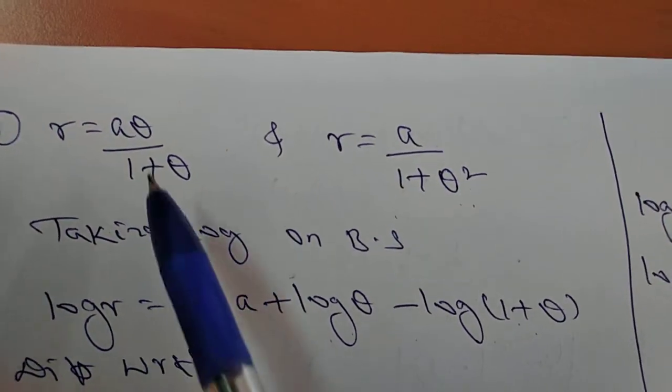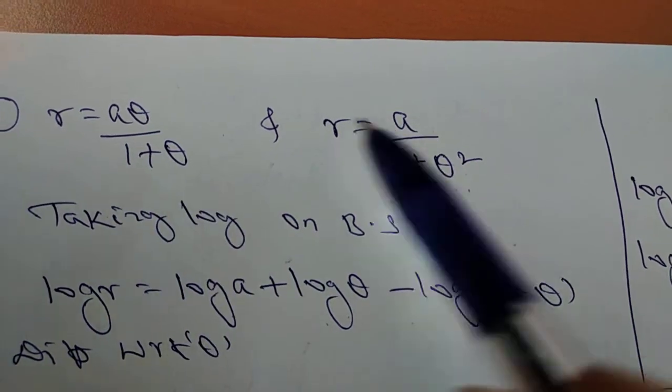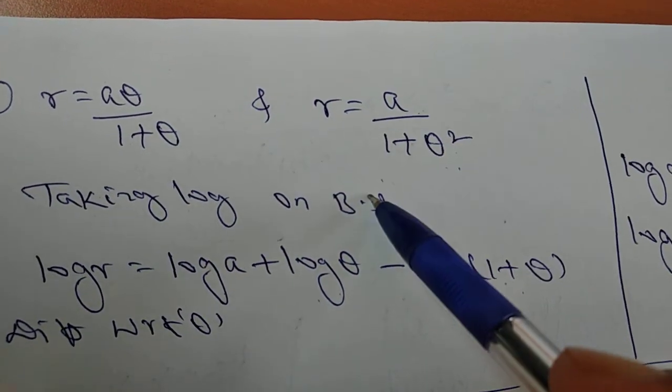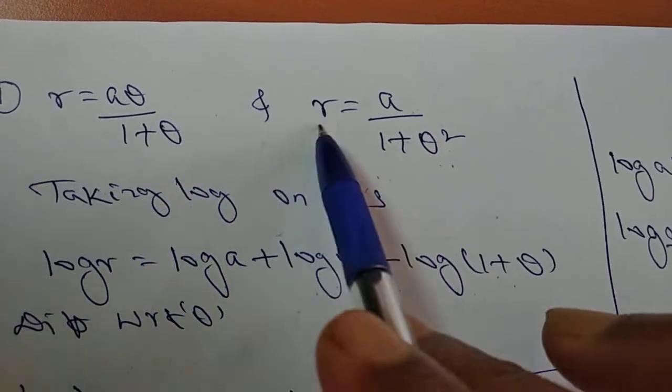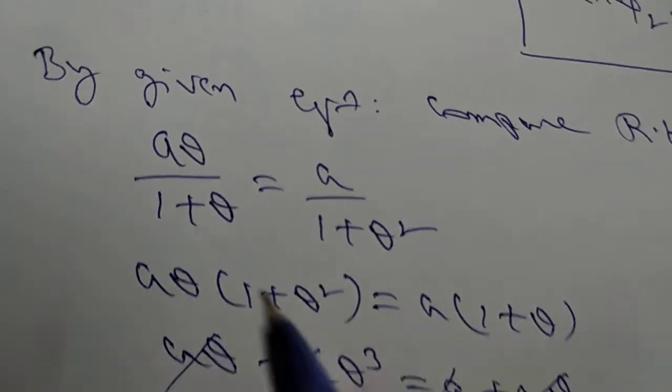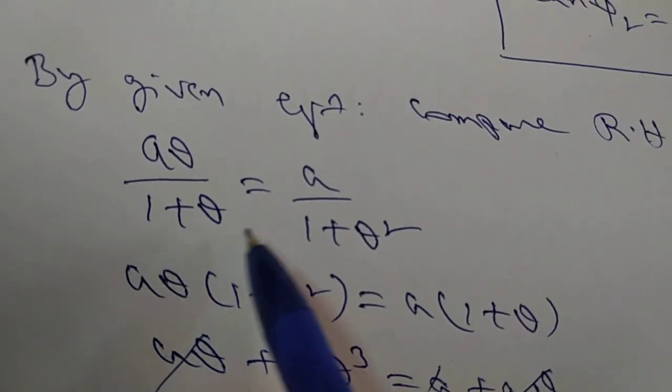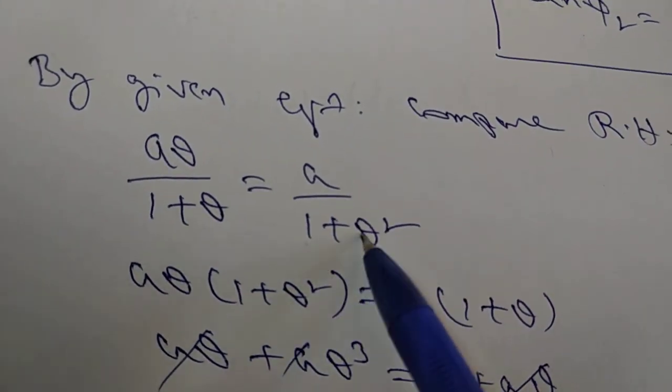So now from the given equations. What are the given equations? r is equal to a theta over 1 plus theta and r is equal to a over 1 plus theta square. So LHS is r. When LHS are equal, RHS must be equal. So a theta over 1 plus theta is equal to a over 1 plus theta square.